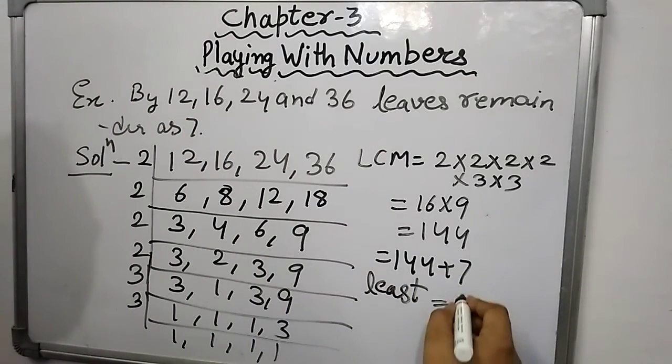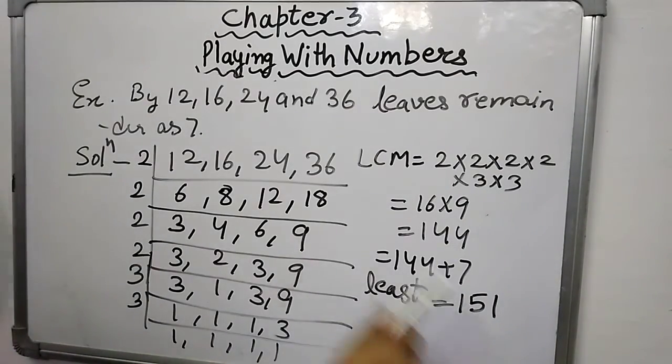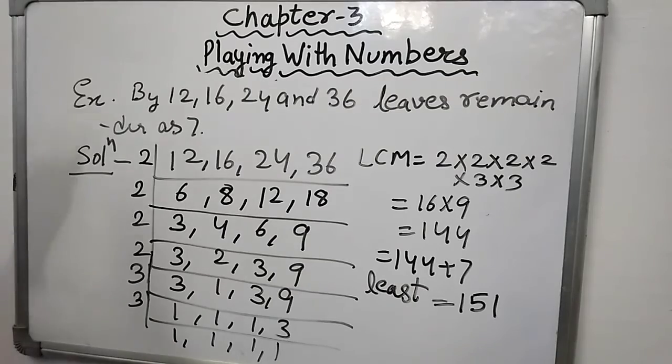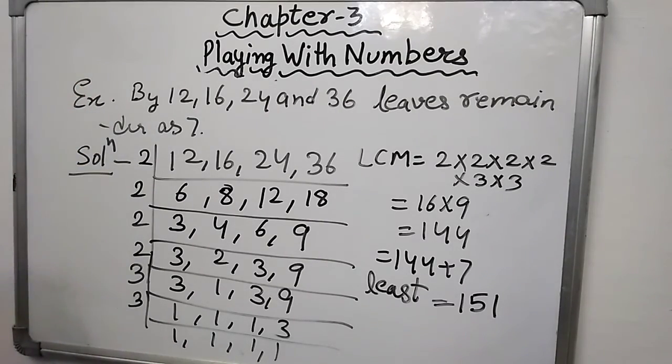So 144 plus 7 becomes 151. So this is your least number. This is how some word problems come, and you need to find whether you need to calculate LCM or HCF. Thank you.